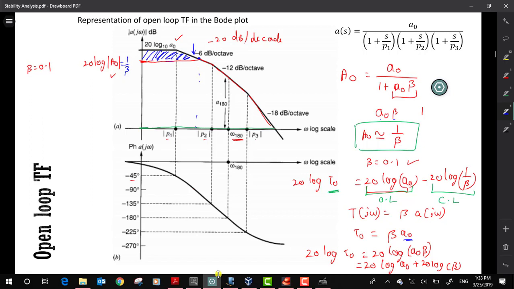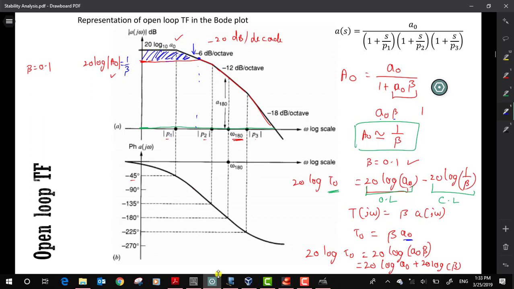What does this Barkhausen criteria state? The magnitude is supposed to be less than 1 when I have a phase value of the loop gain at 180 degree, and that is the thing.